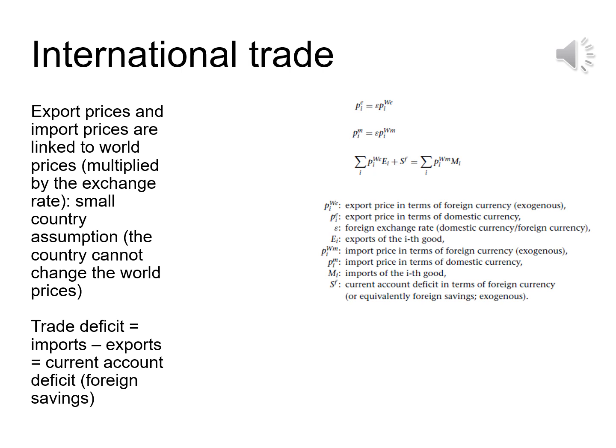And then when they're importing from abroad, they also take the world prices of the respective product, and these are all exogenous. To convert these prices into domestic prices, we need to multiply them by the exchange rate of the country. This is what you see in the first two equations here.